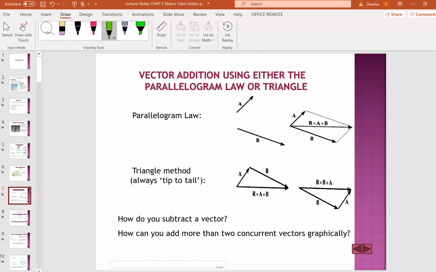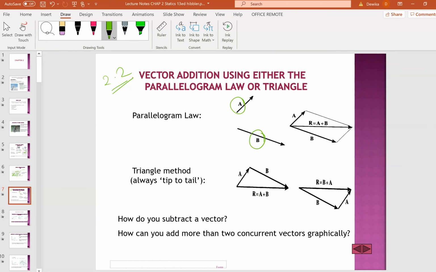Now, how do we add vectors? There are two ways to go about it: the parallelogram method or the triangle method. We are in chapter 2.2 of your textbook, which is vector operations. In the parallelogram method, this is your original drawing.